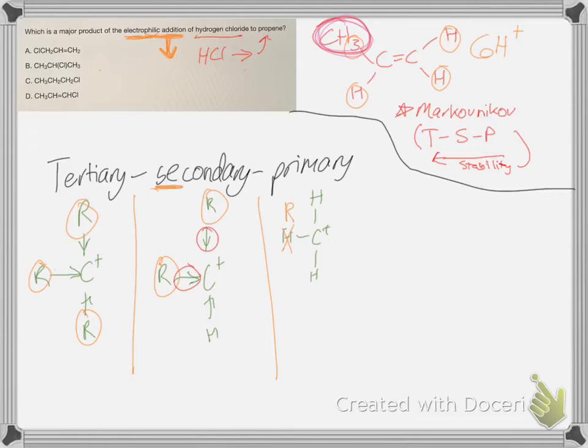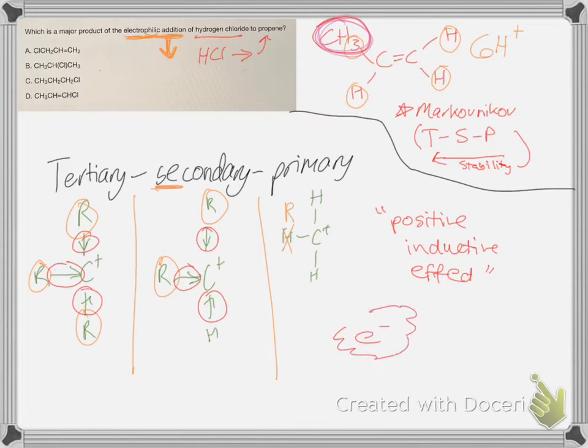Now these arrows right here represent the pair of electrons being pushed towards the carbocation. In other words, it's called the positive inductive effect. And what these electrons are doing, so we are dealing with electrons now, is trying to stabilize the positive charge of carbon.